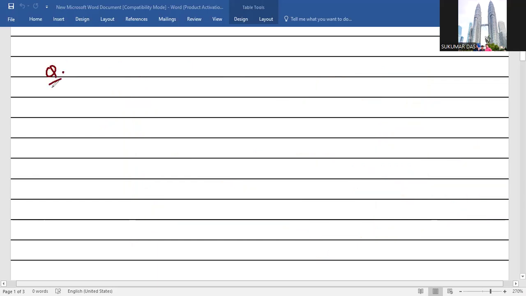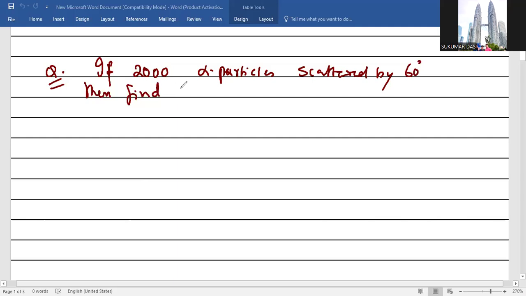See, if the question is like this: in Rutherford's experiment, if 2000 alpha particles are scattered by 60 degree, then find how many alpha particles scatter by 90 degree.